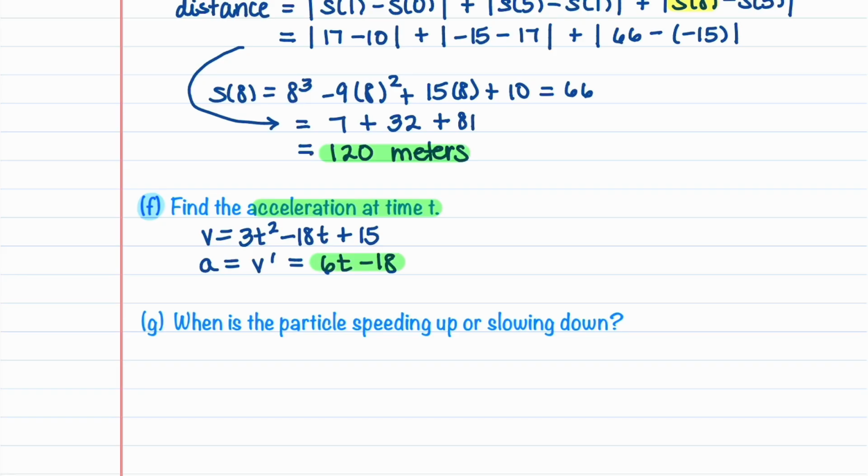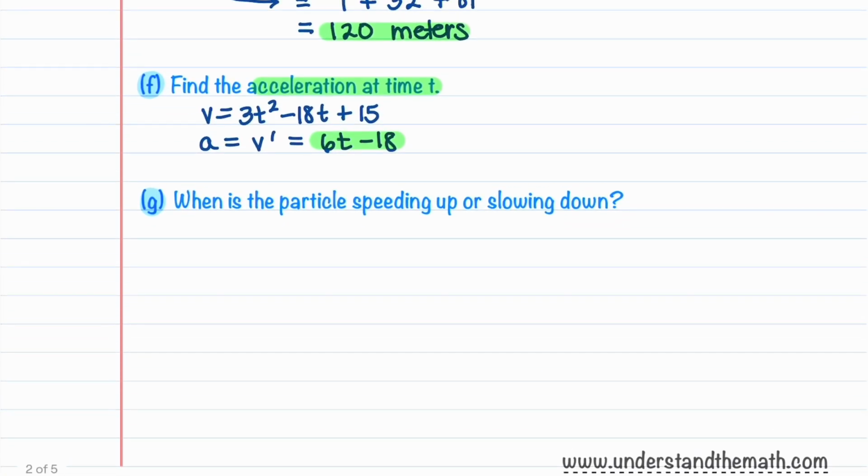So there's our acceleration. Now we have one last part, and it is challenging, but I'll show you exactly what to do. We need to find when the particle is speeding up or slowing down. Our particle is going to be speeding up when our acceleration and velocity have the same sign.